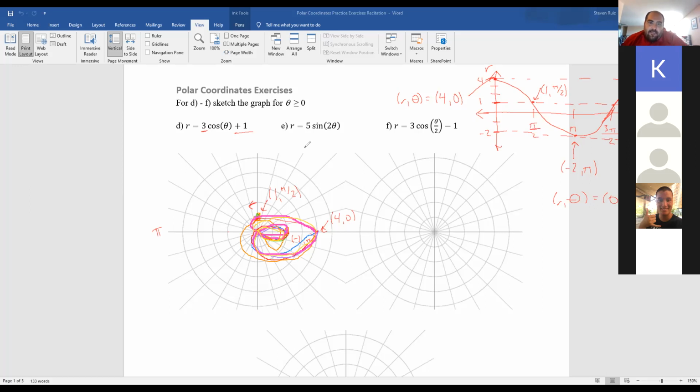I'm going to be arrogant again and clear everyone's drawings out, but really we should have something that looks like this. I'd better make it symmetric. The graph should look symmetrical about the x-axis, something like that, with that loop in it.